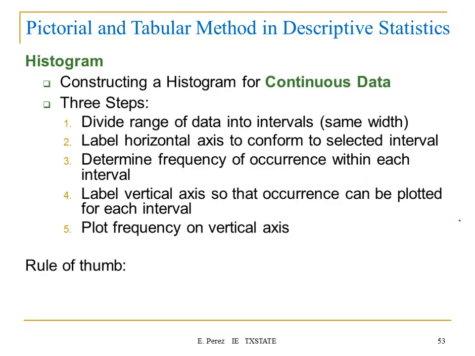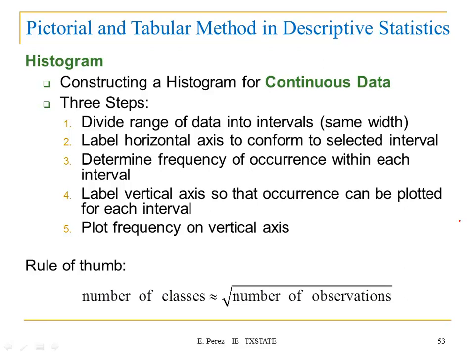So in this case, we need to divide the range of data into intervals and label the horizontal axis to conform to the selected interval. Then determine the frequency of occurrence within each interval. Label the vertical axis so that the occurrence can be plotted for each interval, and then plot the frequency on the vertical axis.